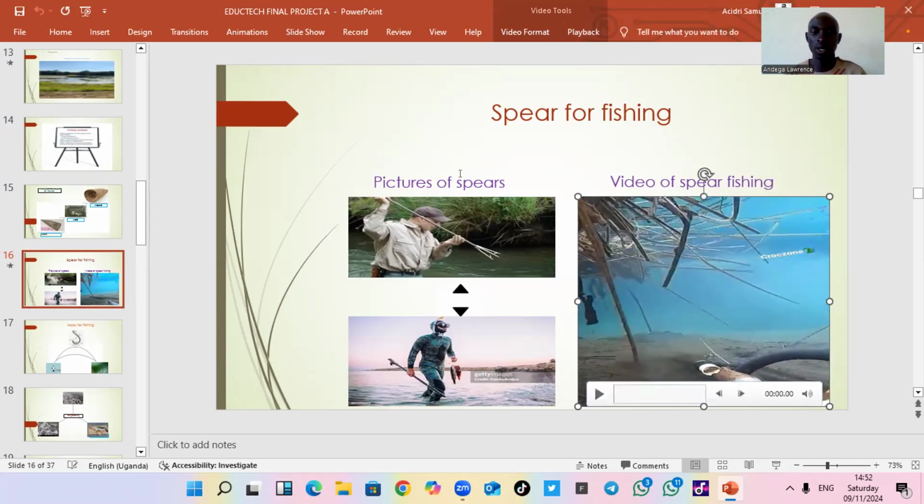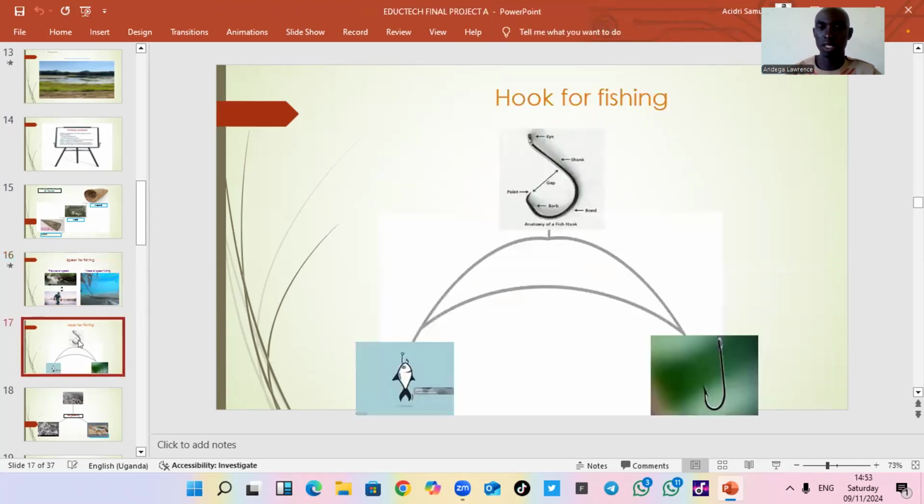We saw that the person used a spear to spear the fish that was coming, and of course, she got the fish by spearing it. So spear fishing and the basket, all of them are used in the lesson development process.